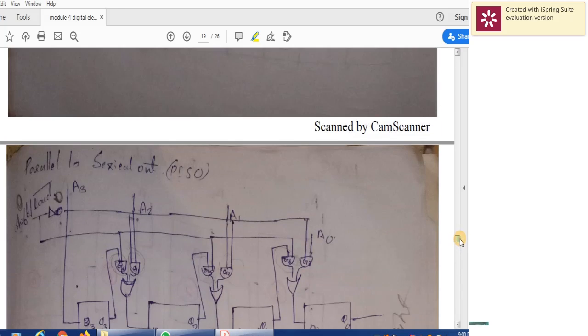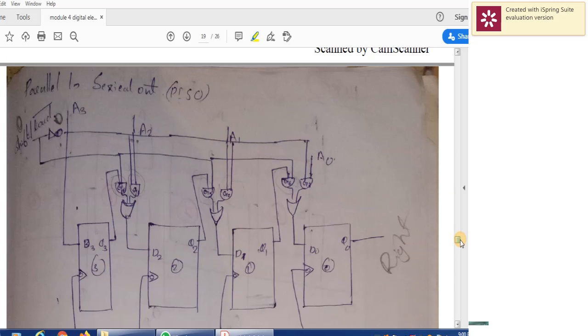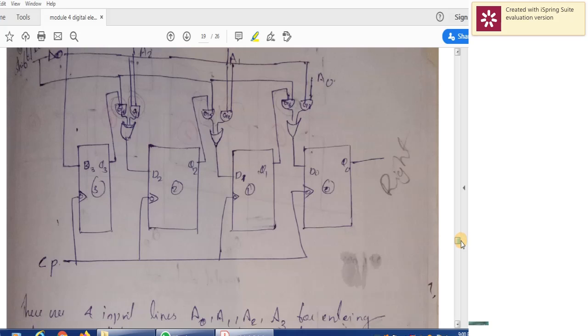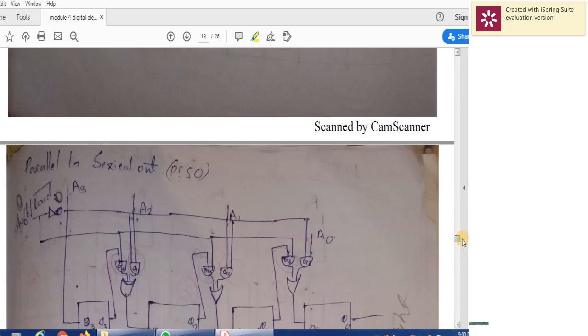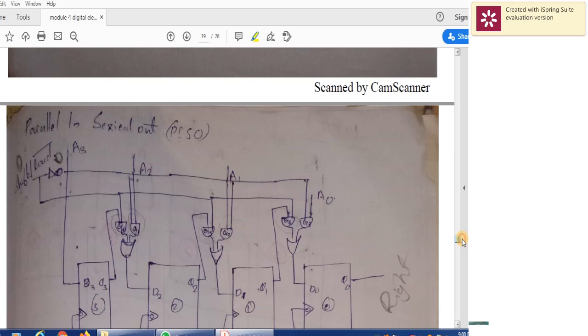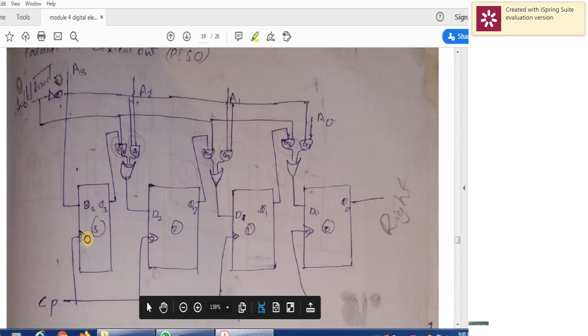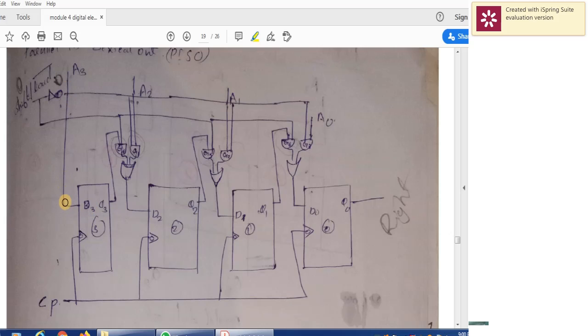Next one, parallel in and serial out. This is the diagram for parallel in and serial out. So this is the four D flip-flops. All the clock pulses are connected to the common source. The input for D3 is connected directly to A3.